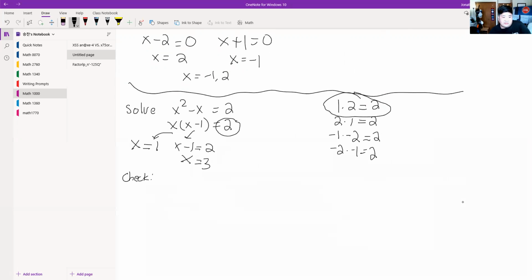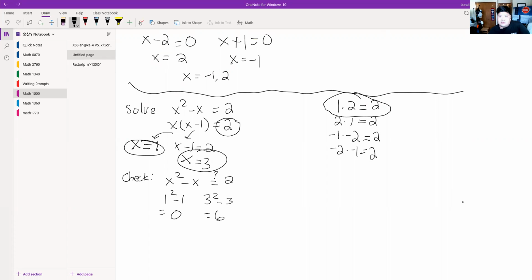If I check this in the original equation, x squared minus x, is this going to equal 2 when I substitute the 1, right? 1 squared minus 1 is actually 0. And then 3 squared minus 3, that is actually 6. So I know that this is not a solution, this is not a solution.